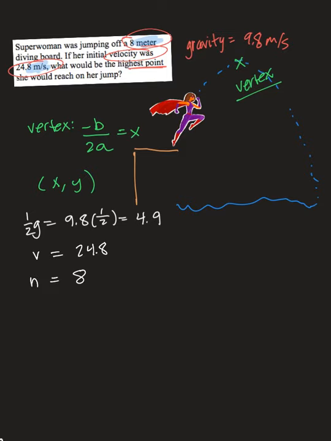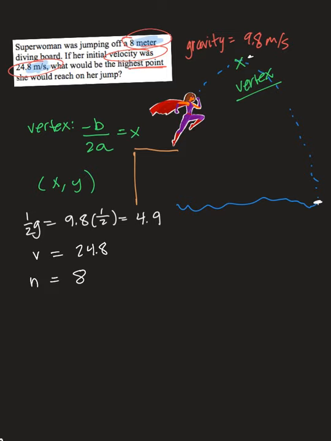But like I said, this problem's different. We're not solving for when she lands in the water here. We're solving here at the very top, the highest point. So we need to solve for the vertex. So now we're going to take all these values and write our quadratic out.